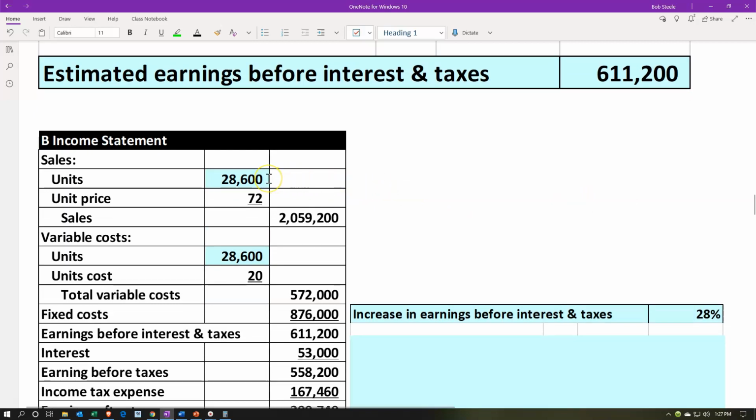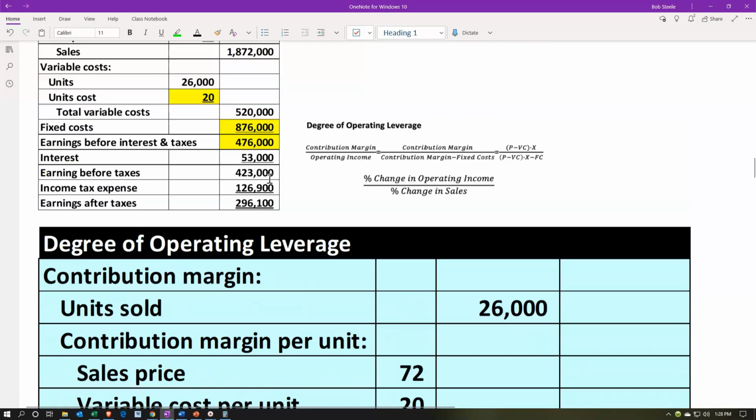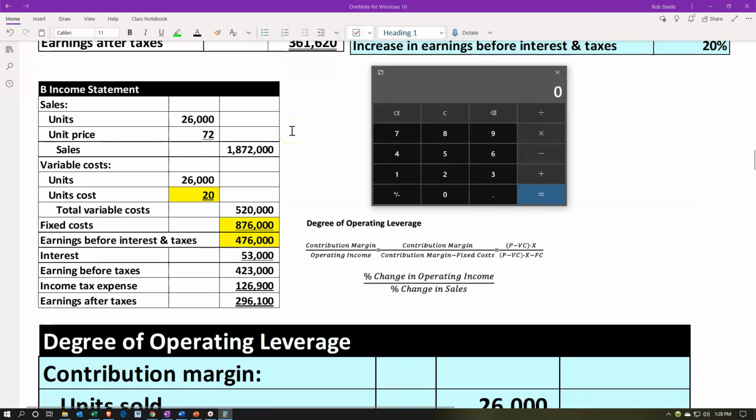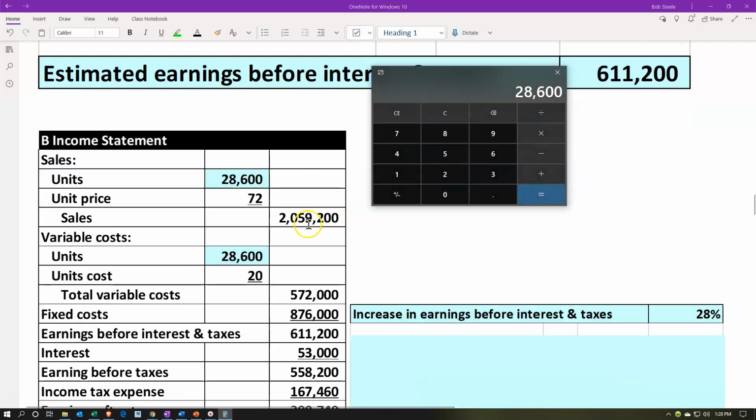Once again, we're going to increase the units by the 10%, the sales by the 10%, meaning we're going to take this 26,000 in our new income statement, 26,000 units times 1.1, 110%. Now we have the units at 28.6 times the unit price, 72. We've got the sales at that 2,059,200 that have now increased, but the variable costs will change proportionately.